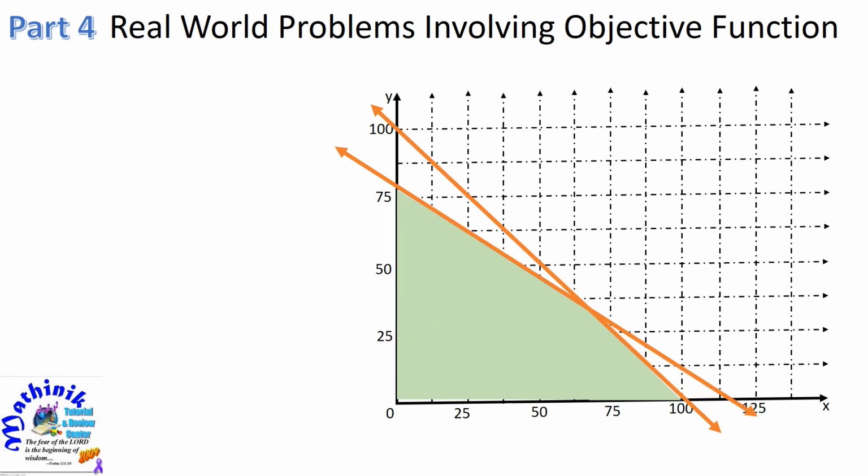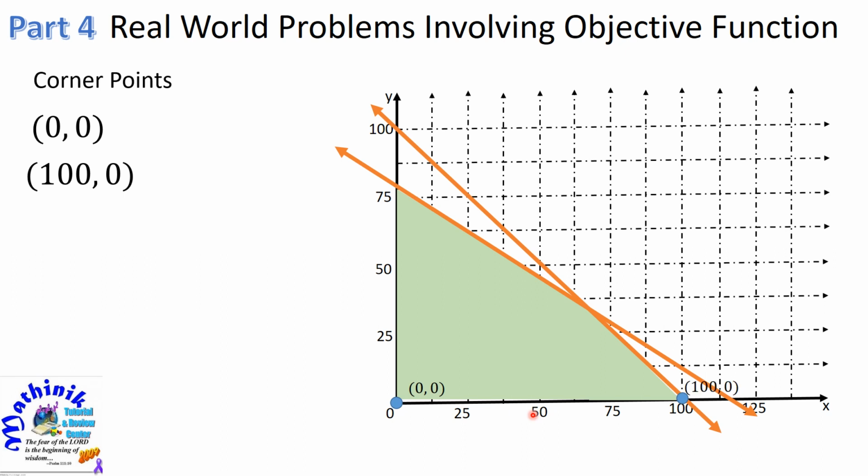Let us try to get the corner points for this feasible solution. The corner points will be (0, 0), the origin. Next is the x-intercept of our first inequality, that's (100, 0). Another one is the y-intercept of the second inequality, (0, 80).